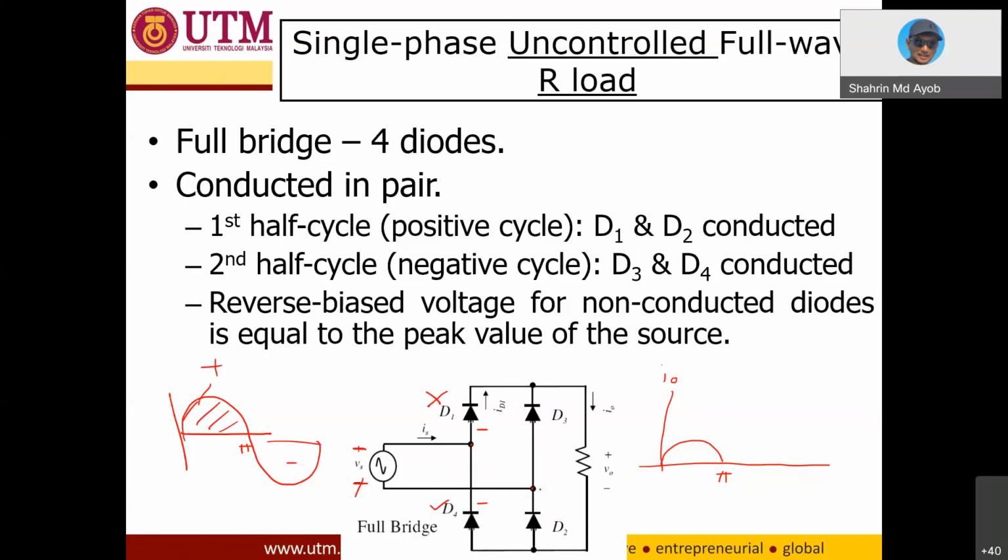This one is positive, so D3 will turn on and D2 is off. So D3 and D4: the current will flow through D3 first, then go through the load, and then go back to the source through D4.